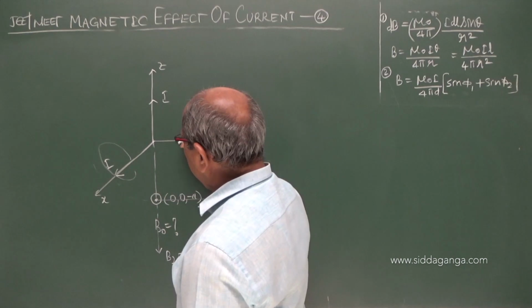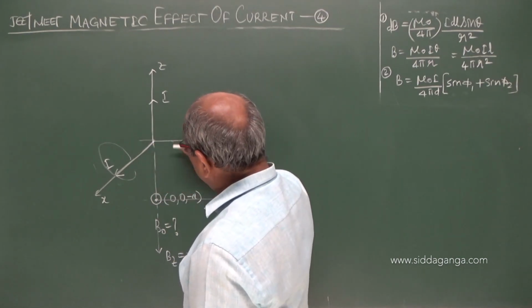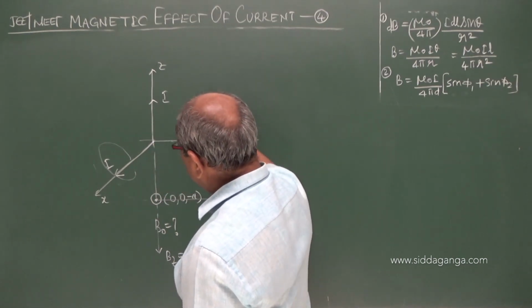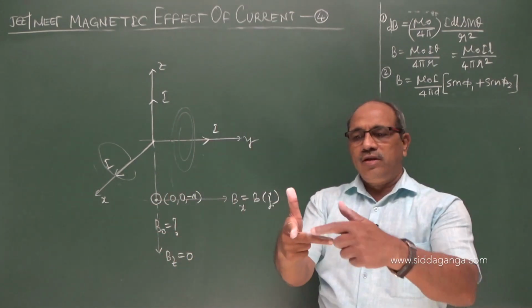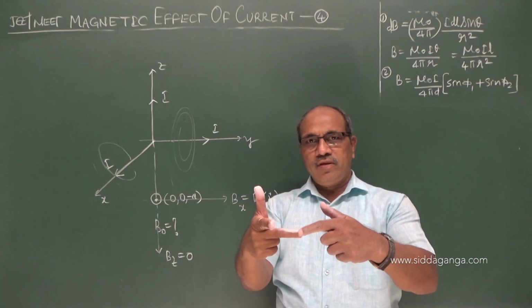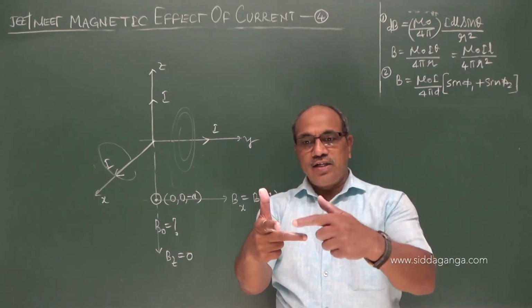Similarly, if I take this extended wire, the field is again anti-clockwise at this point. When you come to that here, it is the direction of y, anti-clockwise.